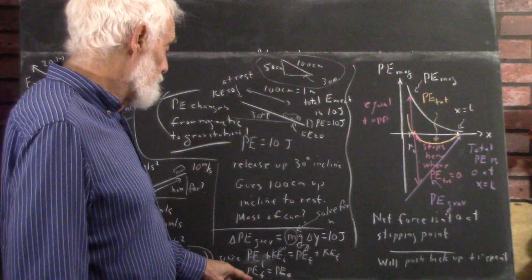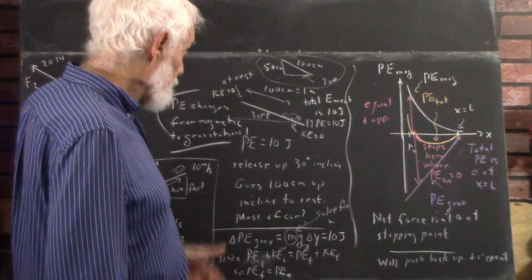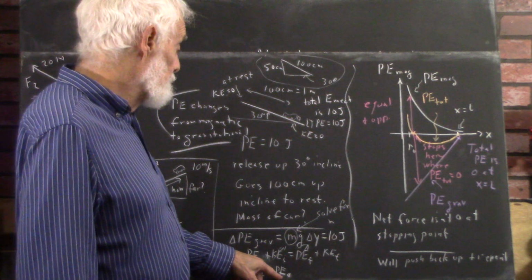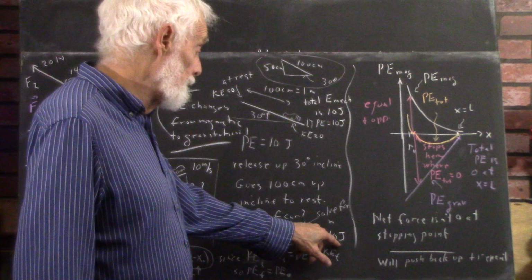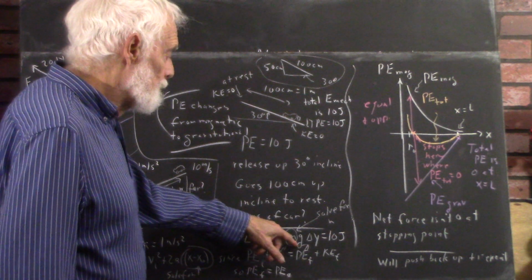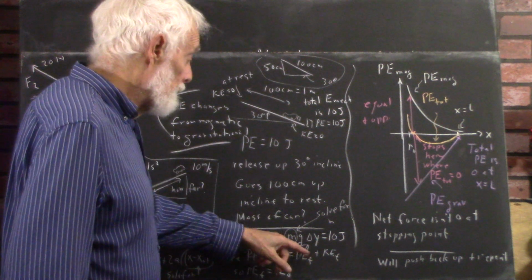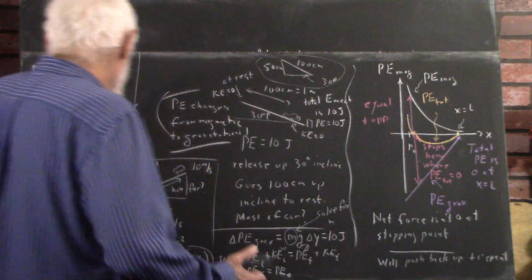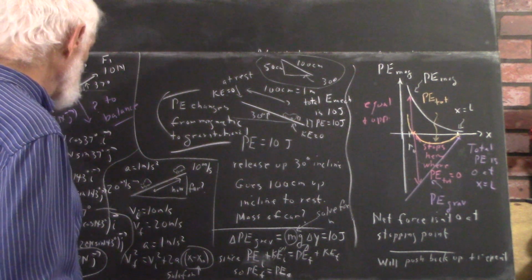Because your final potential energy is all gravitational, and that's got to be equal to your initial potential energy. You know g, you know delta y, 50 centimeters, you know this. You can solve for the mass. You can do that. That's not going to give you any trouble.